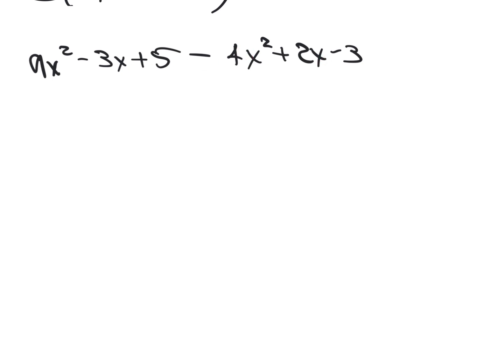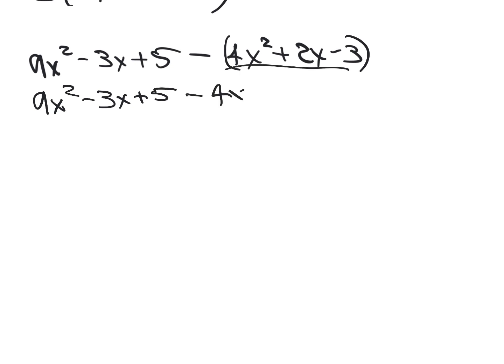I need to put everything I'm subtracting from there, because what happens is that minus is going to distribute and change everything. So let me write this. This will never change, but this will change to negative 4x squared minus 2x plus 3. So the minus is on the whole part that we're taking away, not just the 4x squared. So now we can start combining like terms.